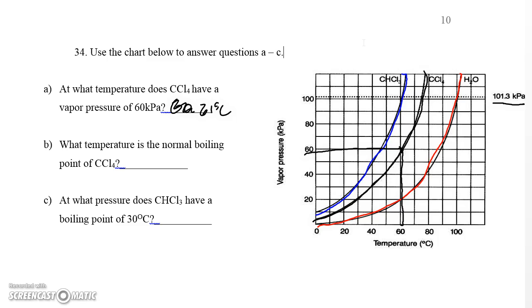What temperature is the normal boiling point of carbon tetrachloride? Well, we said the boiling point occurs when the vapor pressure is equal to the atmospheric pressure, or the pressure in the container, right? And we're just going to draw a line straight down, as straight as we can make it, from where our curve for carbon tetrachloride intersects our atmospheric pressure.